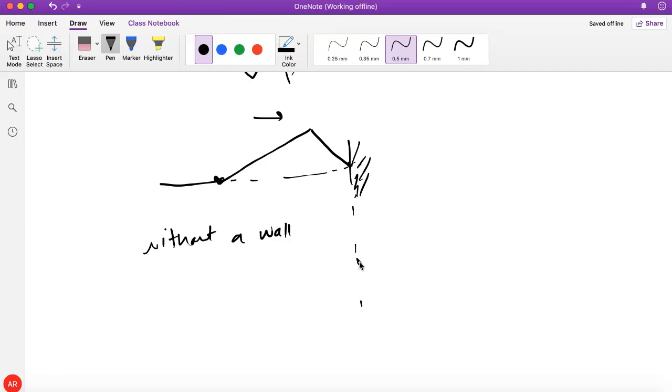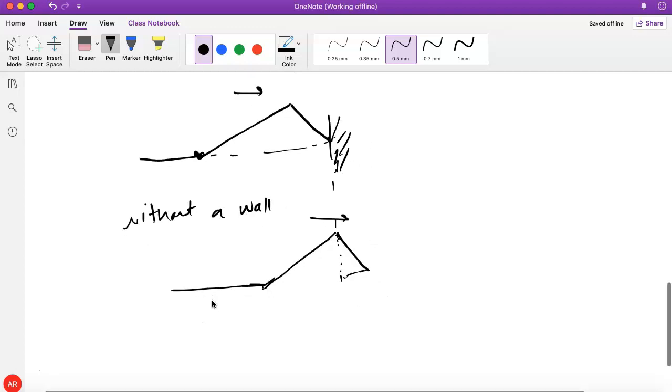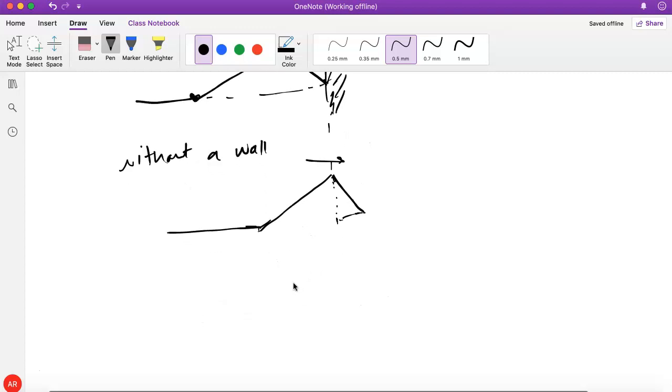Something like this would happen. But now this part of it must be reflected because it cannot enter the wall. And when it gets reflected, how does it get reflected? Well, it also gets inverted. If you think about what would have happened, this part that hasn't reached the wall is there.